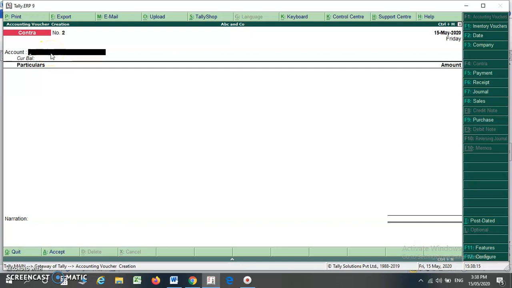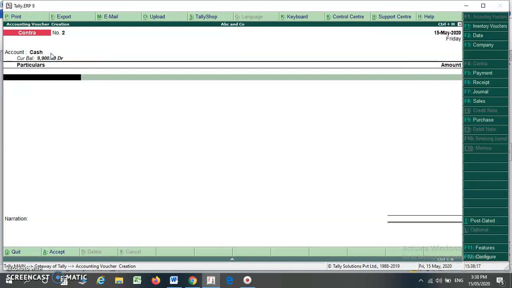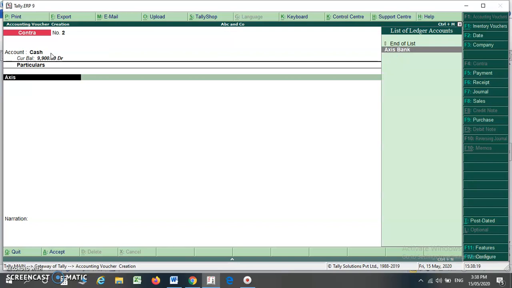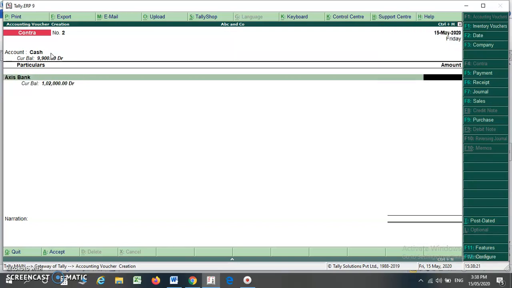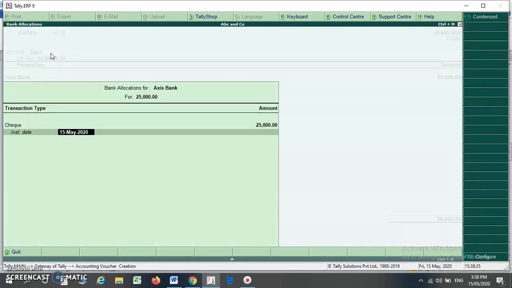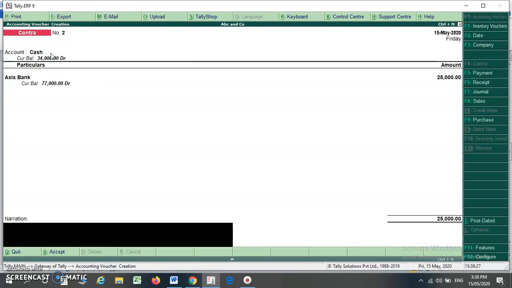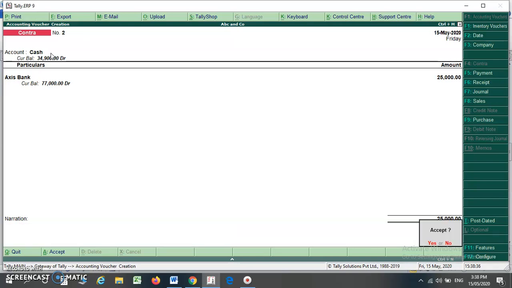So what is going to be debited? Cash account is going to be debited. Here I have to select my payment account, that is Axis Bank account, and here I can write my amount. Here I can write my narration, suppose ATM withdrawal, or I can write my cheque number or extra, whatever you want, and press enter.